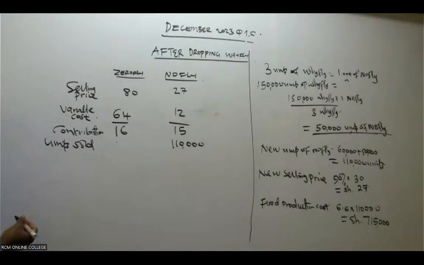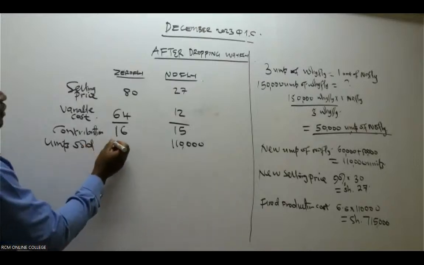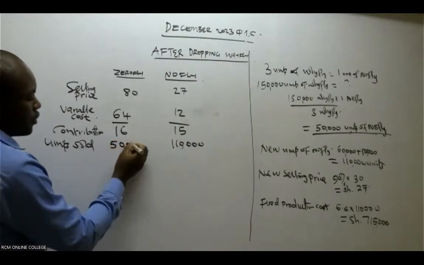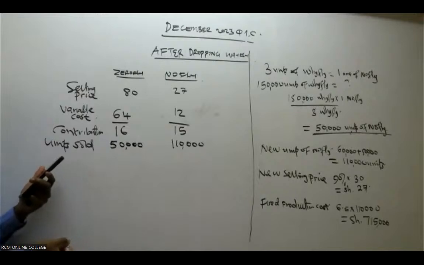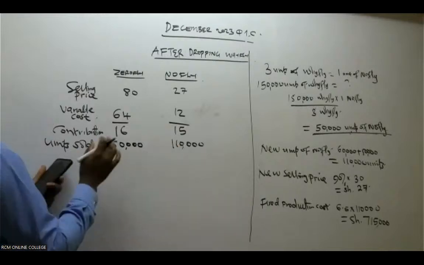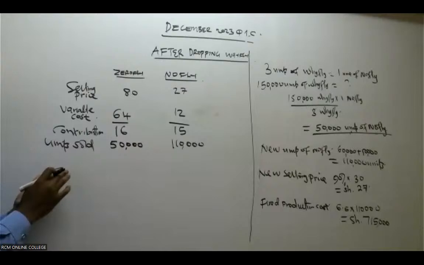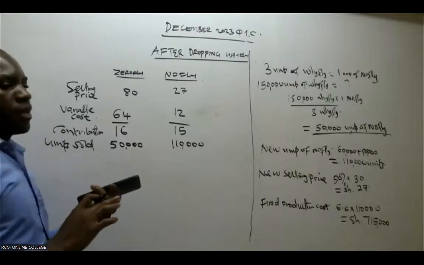So how many units do we have for Zero Fly? 50,000 units. How about No Fly? I know somebody is wondering why we are indicating 110, yet if you look at the information given in paragraph 2, within that table, No Fly is indicated as 60,000.